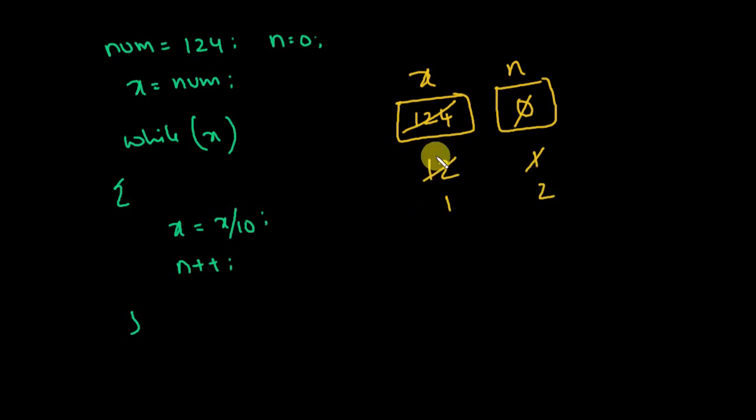Now x is 1, and 1 by 10 is 0, so n is incremented to 3. Now 0 is not a true condition, so it gets out of the loop. After the iterations we got n as 3, which means there are 3 digits. So it's working.